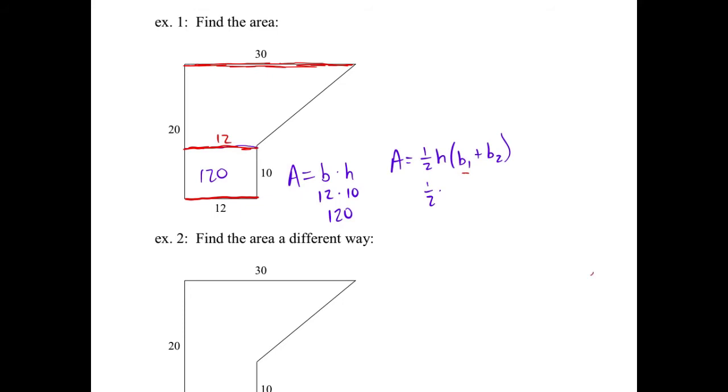Perfect. I'm going to write those in. So I'll do my parentheses, 30 plus 12. Maybe you did 12 plus 30, you'll get the same answer. How does the direction of the height always compare to the direction of the base?